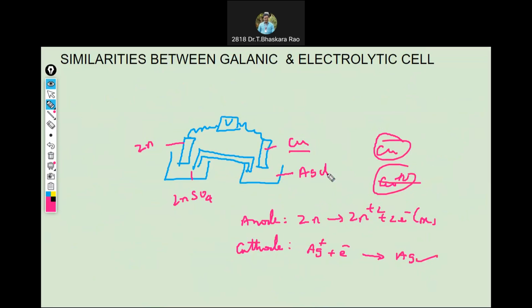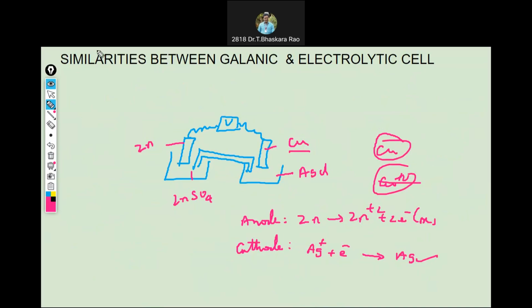If I change the electrolyte, the cathodic reaction depends on the electrolyte only. The anodic reaction does not depend on the electrolyte; it depends upon the anode.